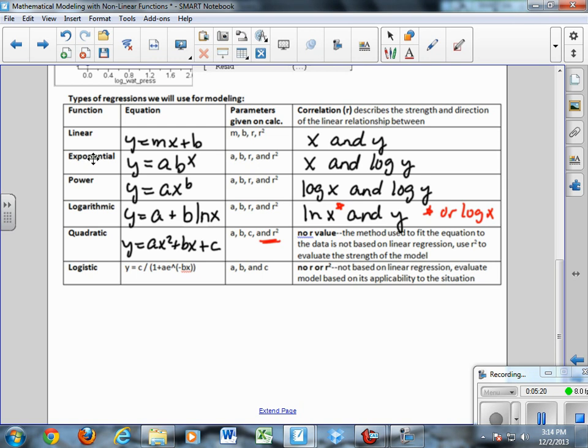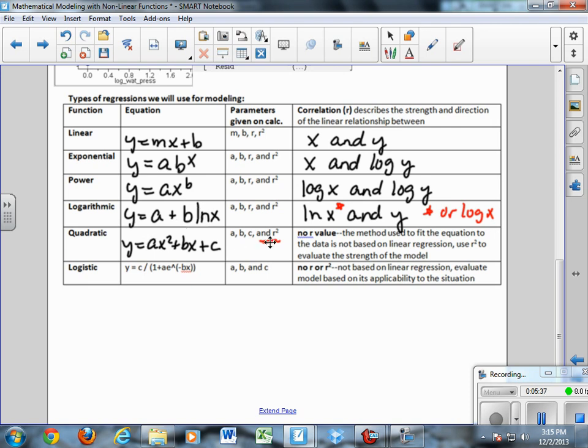In an exponential, however, it's describing the linear relationship between x and log y, in a power between log x and log y, and in a logarithmic graph between the natural log of x and y, or log x, but your calculator uses natural log.